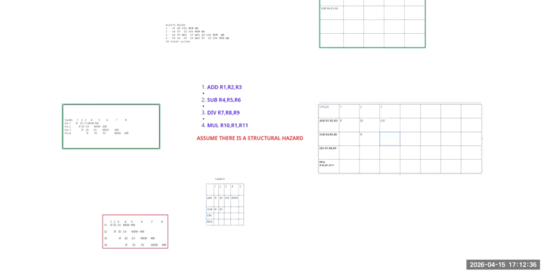Instruction 2 enters into the instruction decode stage. Instruction 3 enters into the instruction fetching stage.